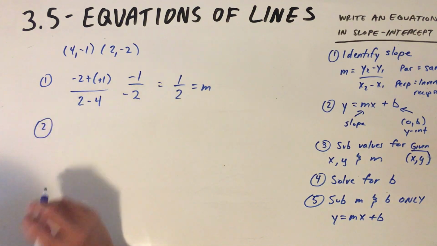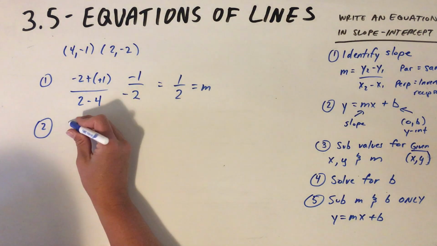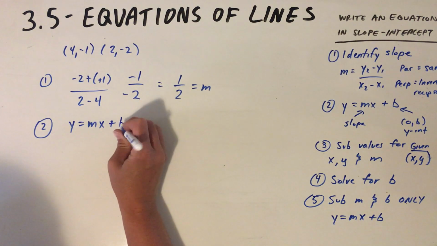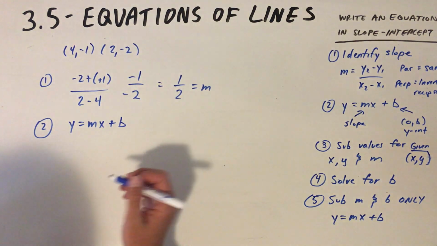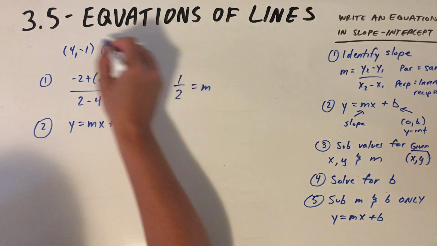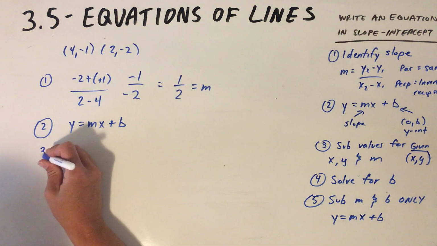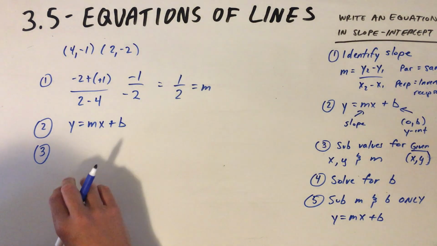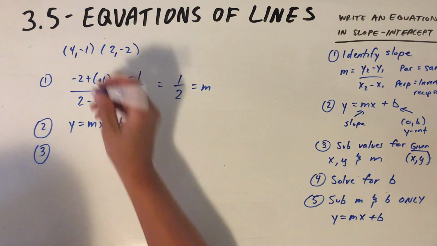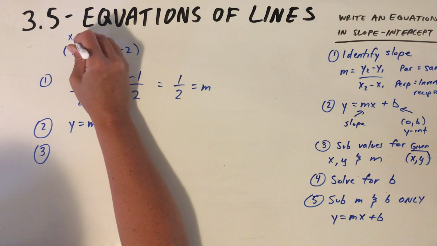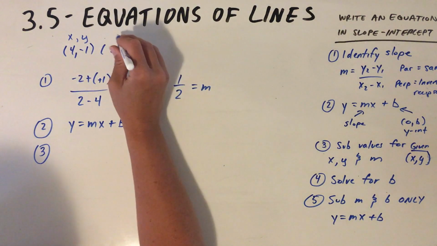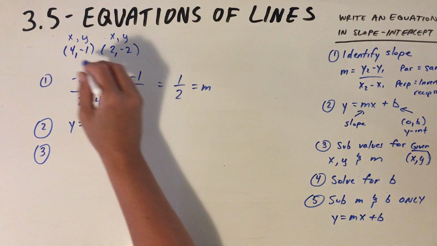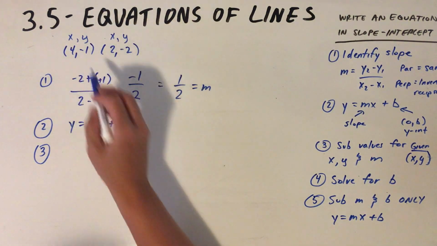Step 2, I'm going to use the y equals mx plus b form to find the general equation of the line that passes through these points. I'm going to substitute an m value, an x value, and a y value. I could substitute this x with this y, or this x with this y, but I can't choose the x from here and the y from here, or vice versa.